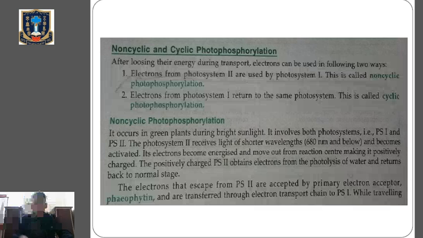So what you know is that PS2 will receive the light of wavelength 680 nanometer and it becomes excited or activated.